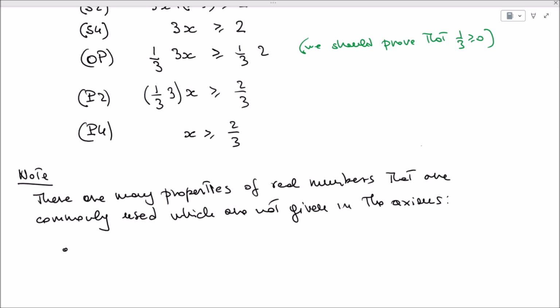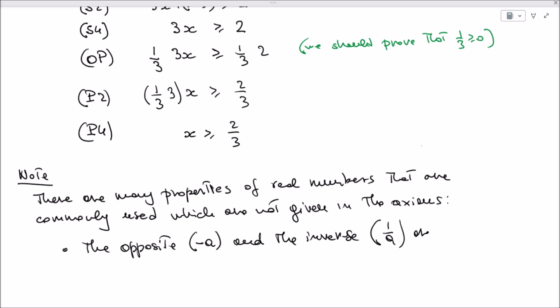So for example, the fact that the opposite, minus a, of a real number a and the inverse, 1 over a, of a real number a different from 0 are unique.